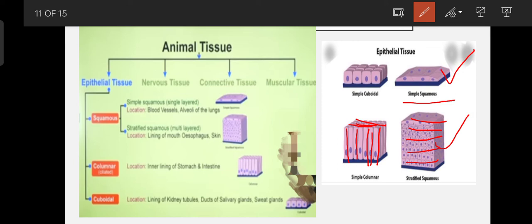So sometimes the portion of this epithelial tissue folds inward and then a multicellular gland is formed. So this is also called glandular epithelium. Okay, so this is about the epithelial tissue.